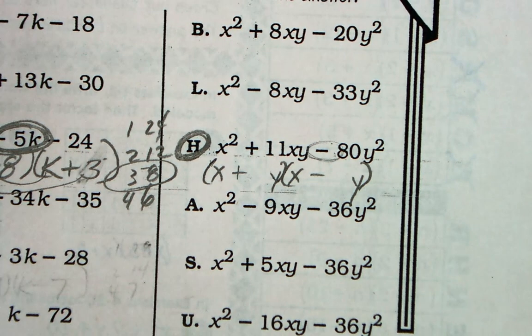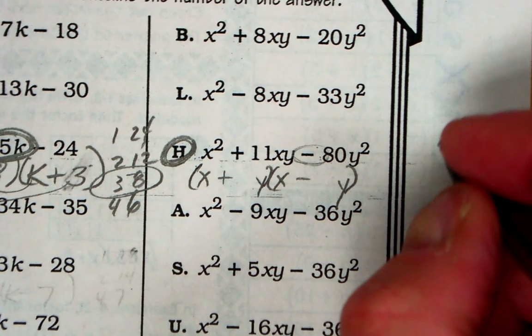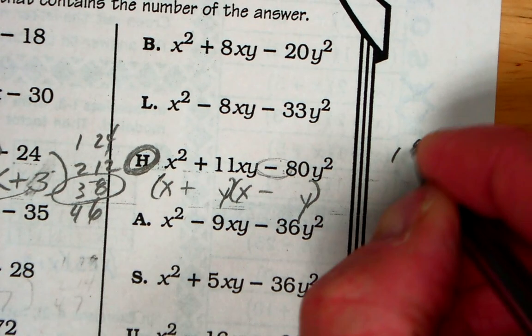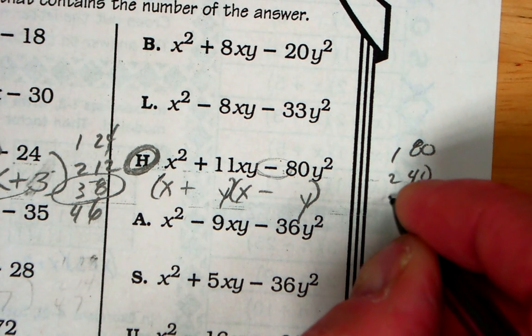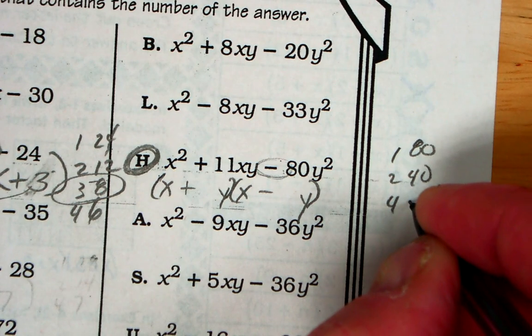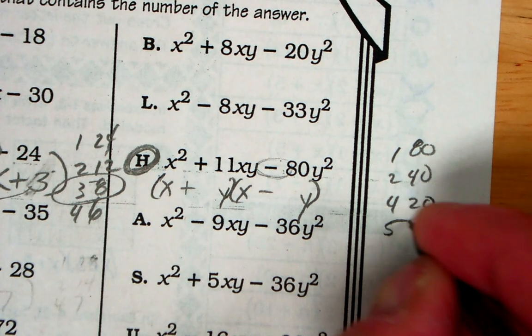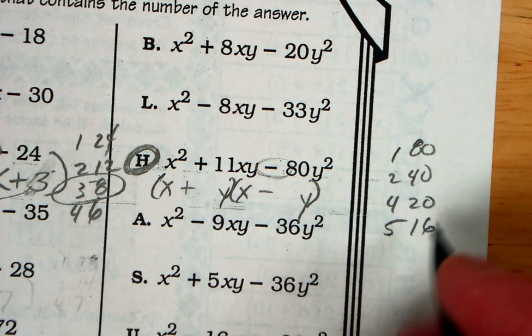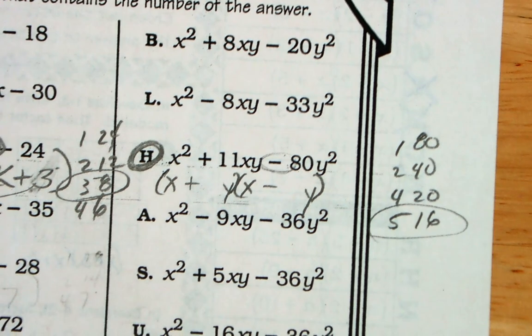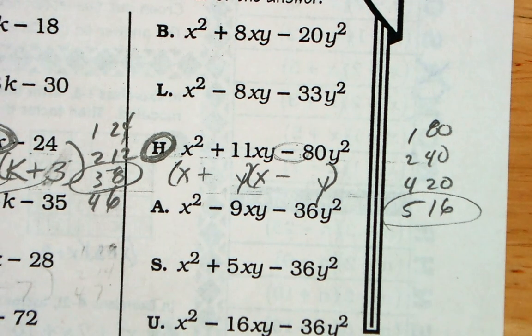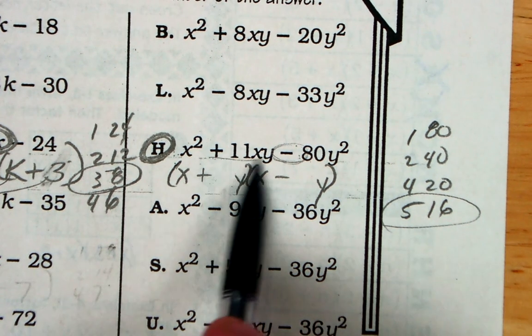Okay? So now 80, you might not see this, so let's list some factors. 1 and 80, 2 and 40, 4 and 20, 5 and 16. Oh, 5 and 16, those are 11 apart. Which one should I make positive? The 16, because I need it positive 11.